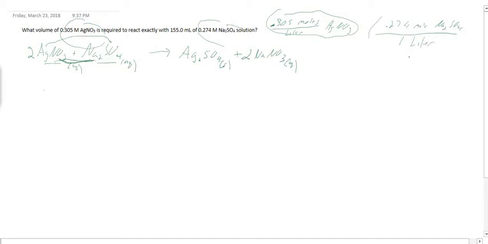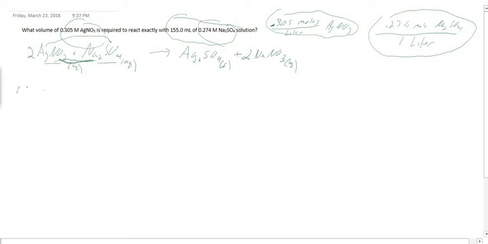Now I have a couple of conversion factors. One of the problems of these, when you see these, where the heck do you start? Well, because I've done so many of these, whenever I see a volume of a concentration, this 0.274 molar, I know that that's right where I'm going to start 90% of the time.